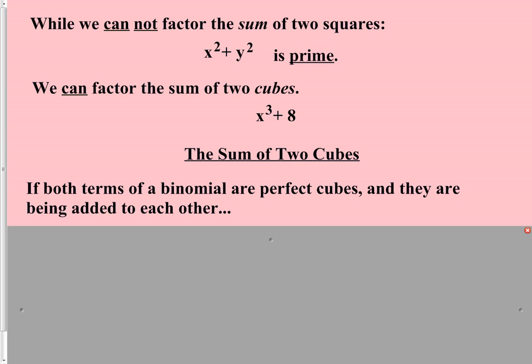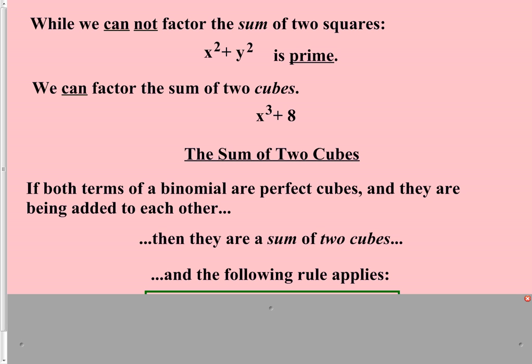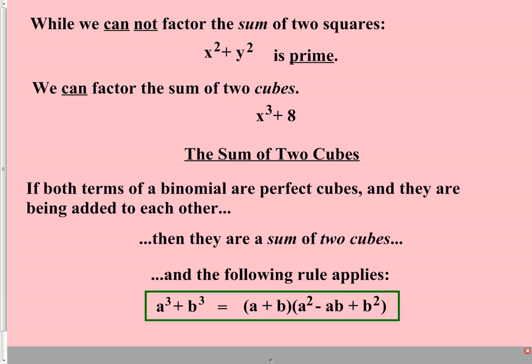If both terms of a binomial are perfect cubes, again, meaning a number times the same number times the same number again, and they are being added to each other, then that fits the format for sum of two cubes. And when this happens, once again, there is a rule that applies, and it's a fairly complicated rule. Don't freak out at it. You'll get the hang of it as we work through some problems. But the rule says that you will multiply a binomial times a trinomial.